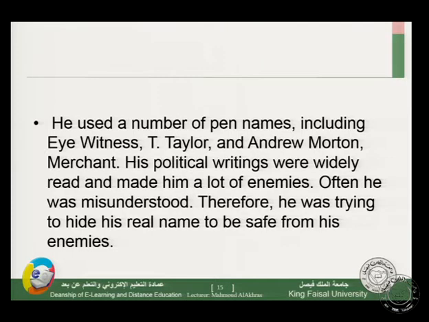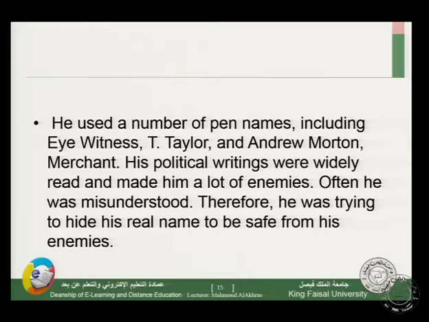He used a number of pen names, and a lot of his writings were without an author name. He didn't indicate his name in his writing. For example, we have anonymous writer, or sometimes he used another name, for example, Eyewitness.